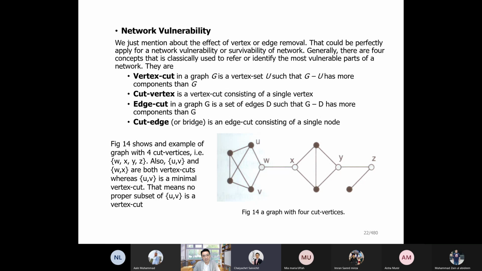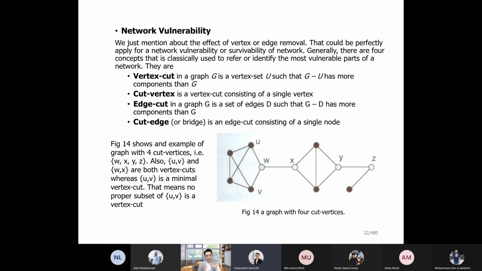Vertex cut: for a graph G, it is a vertex set U such that the removal of U from the original graph will cause more components than G, or disconnection. You see that in this original graph everything connects together into one component. But once you remove a set of nodes, more than one node, we're going to have the disconnection.